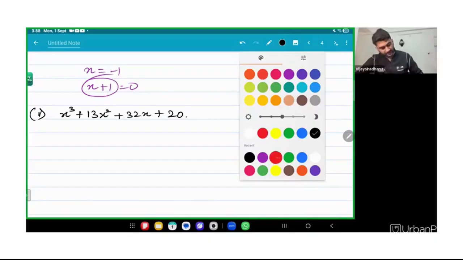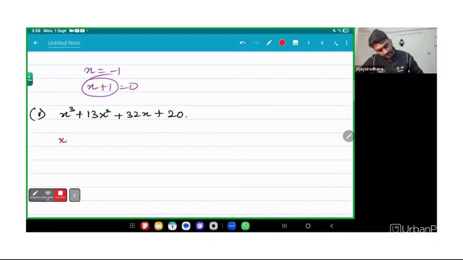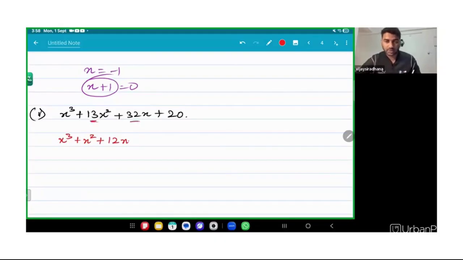So if I write this in this form, x cube plus x square plus 12x square plus 12x plus 20x plus 20, splitting the terms in a different way.